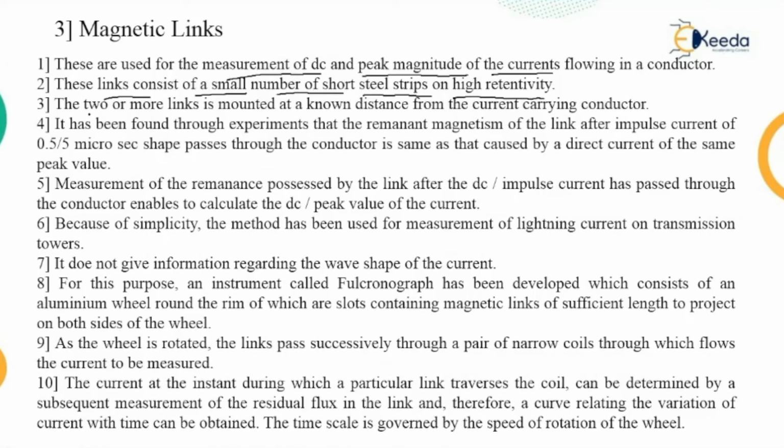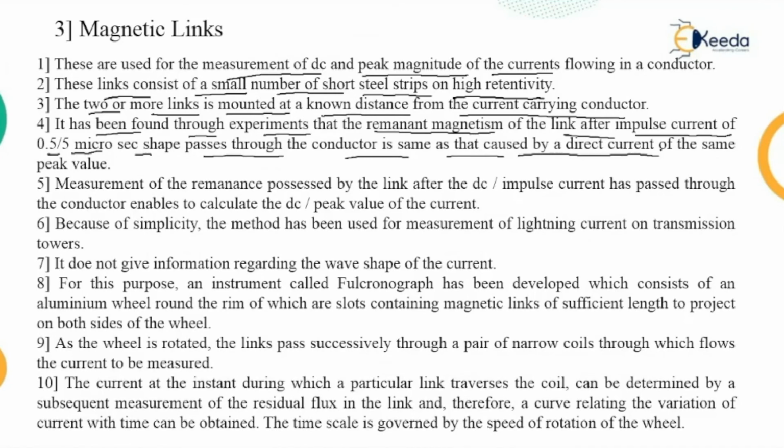If two or more links are used, instead of a single link, mounted at a known distance from the current carrying conductor, that can have more effect. It has been found through experiments that the remnant magnetism of the link after an impulse current of say 0.5 to 5 microsecond shape passes through the conductor is the same as that caused by the direct current.